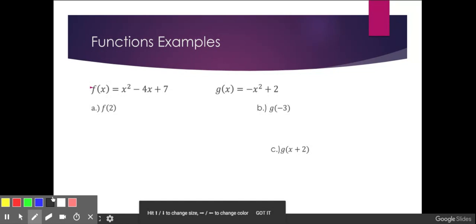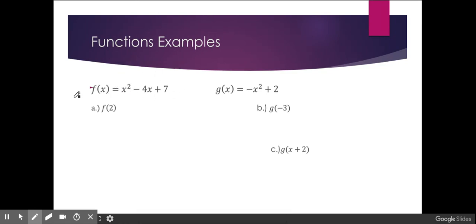So taking a look at the first example, f of 2, whenever we find these values, we want to take our f function, and anywhere you see an x, I like to put a parenthesis. So parenthesis squared minus 4 times parenthesis plus 7. And then we fill the parentheses in with whatever is in this parenthesis, which happens to be a 2.